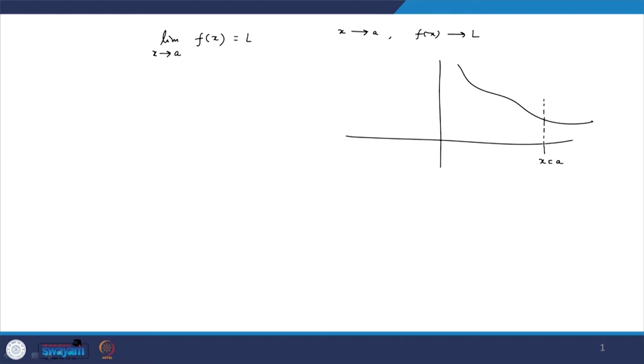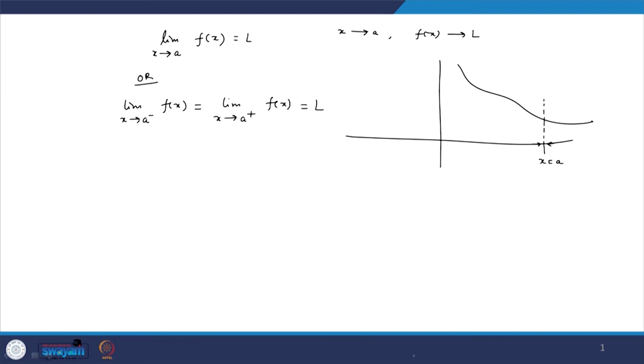Now, if you approach a from the left side, which is a minus, very near to a, no matter how small, or you approach from the right side of a, and these two limits coincide and are equal, that means this limit exists and is equal to L. We can simply write it like this: limit x tending to a minus f(x) is equal to limit x tending to a plus f(x), both equal to L, then we say that the limit exists.